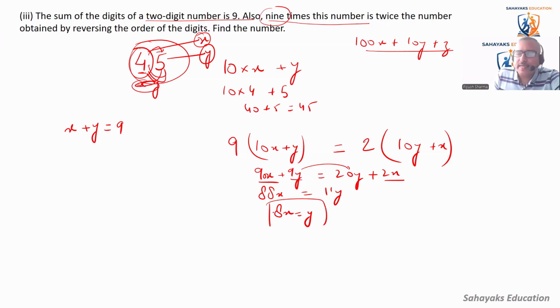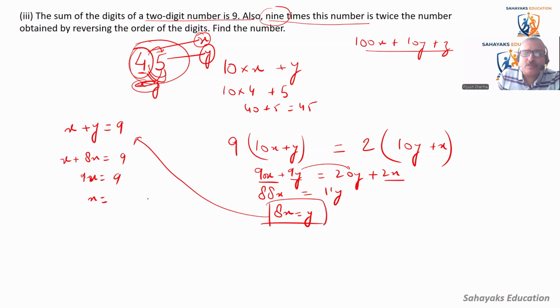Y is equal to 8x. Now I'm putting this value in this equation. Y is equal to 8x, so I'll write it as x plus 8x is equal to 9. So it becomes 9x is equal to 9. So x is equal to 1. So the value of x comes up as 1 and the value of y comes out to be 8.